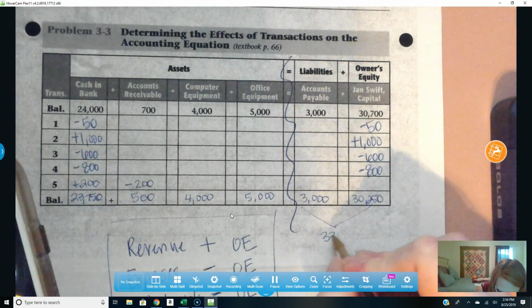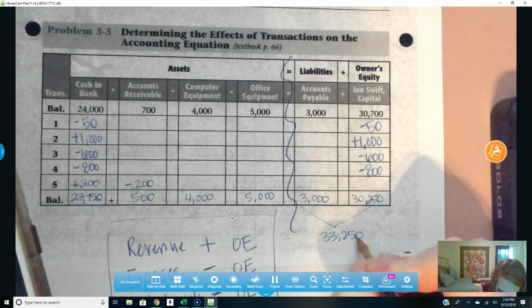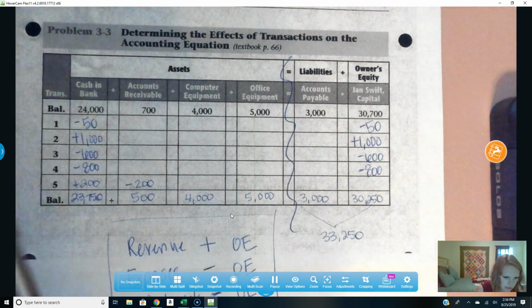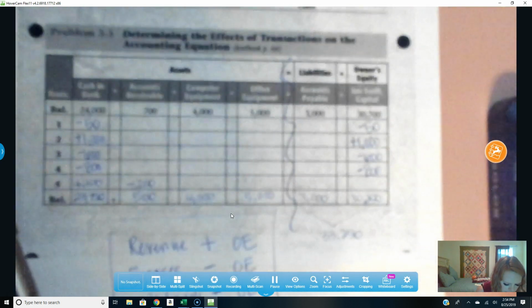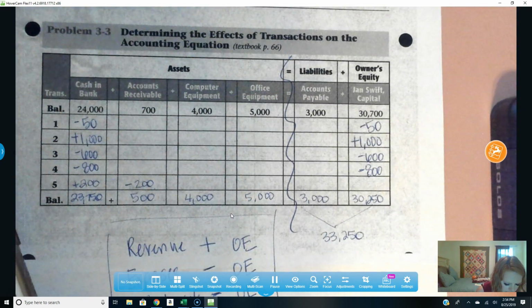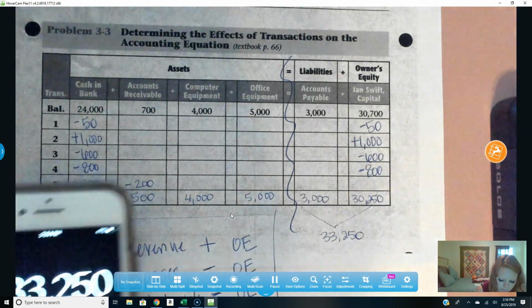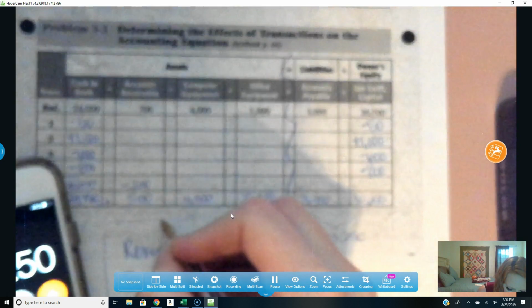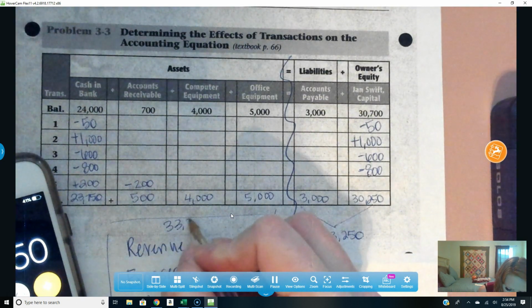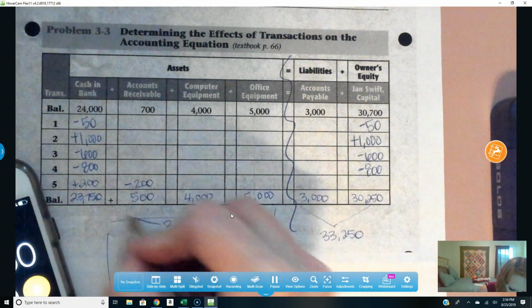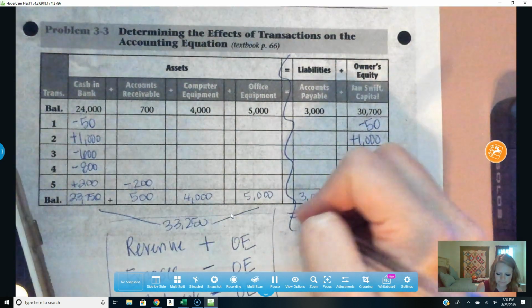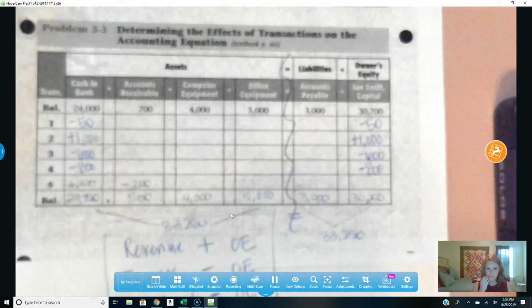So this would equal 33,250. And we're going to add up all of our assets too. So 23,750 plus 500 plus 4,000 plus 5,000 equals 33,250. And they equal. Good to go.